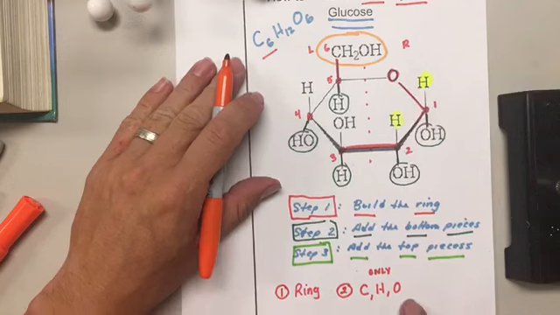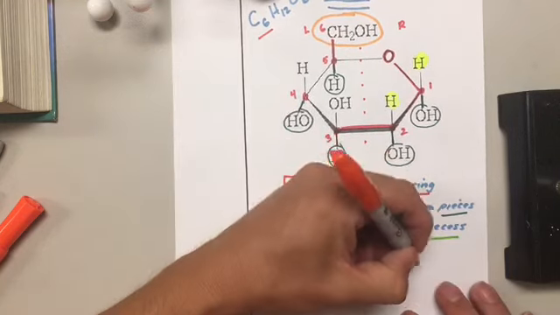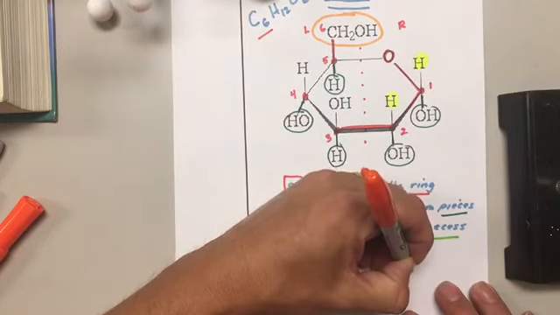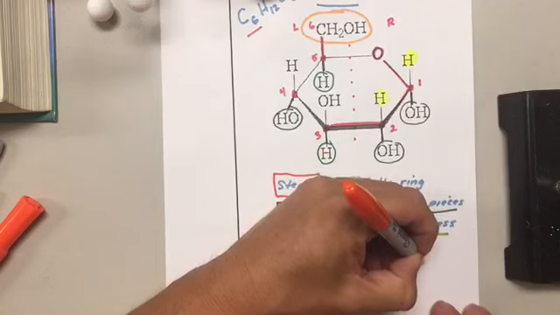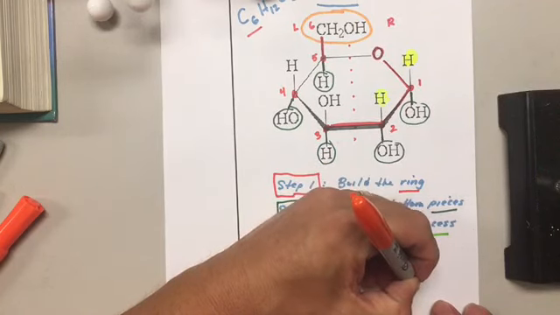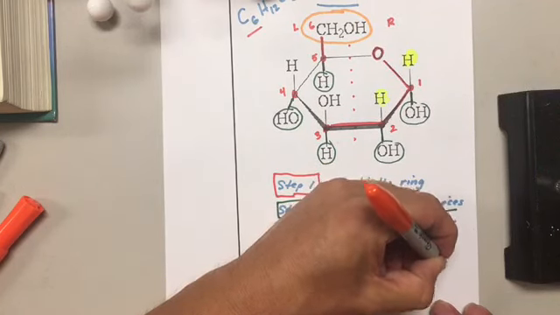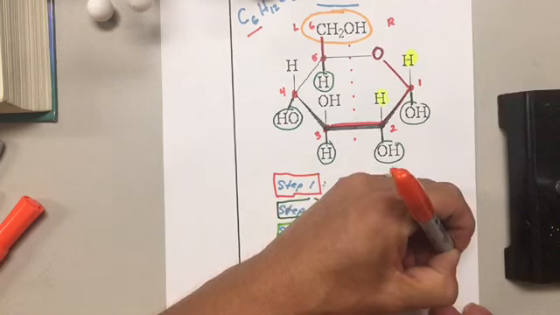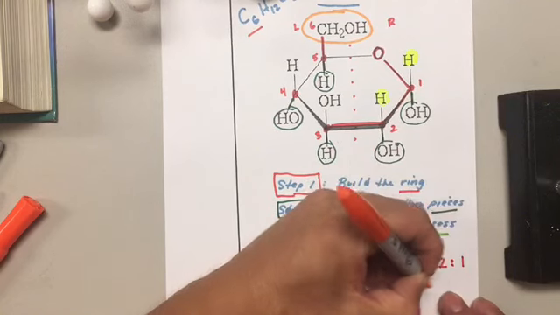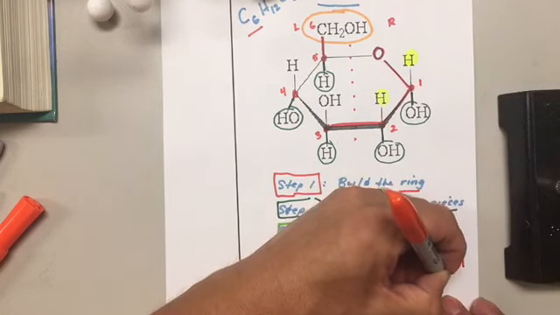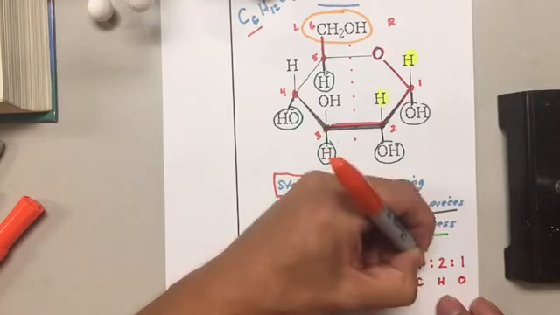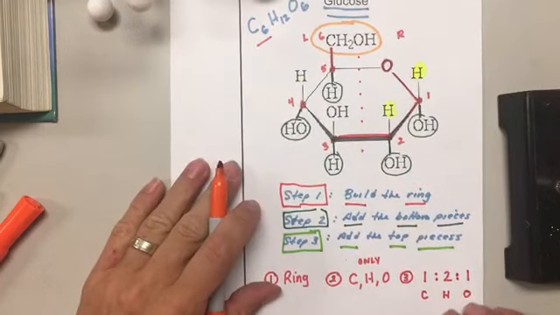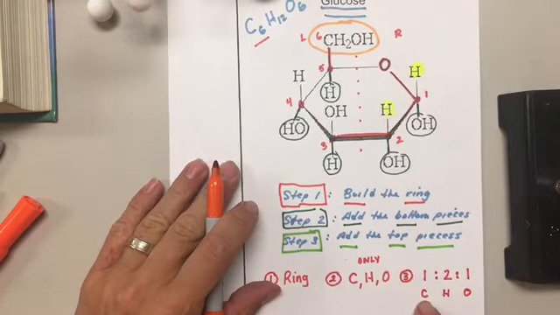So that leads us to our third part. All carbohydrates have, for every one carbon, two hydrogens, and for every carbon, one oxygen. So it's going to have a ratio of 2 to 1. What does that mean? That means if there's one carbon, there's going to be one oxygen.